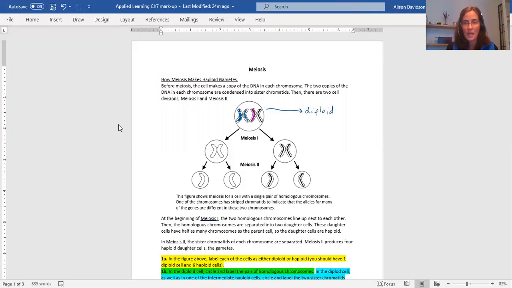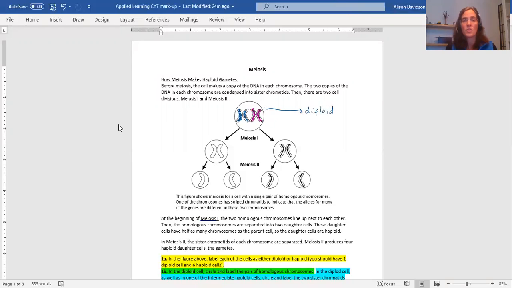It's the same size, the same shape, and has the centromere in the same location. It codes for the same genes, but it may not be the same version of the gene. Here's the chromosome for mom, also in a duplicated state, so it has its sister chromatid attached. So even though we're seeing 4 chromatids, this is only 2 chromosomes, paired up to be homologous to each other.